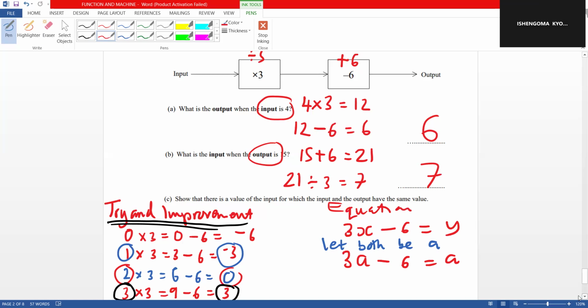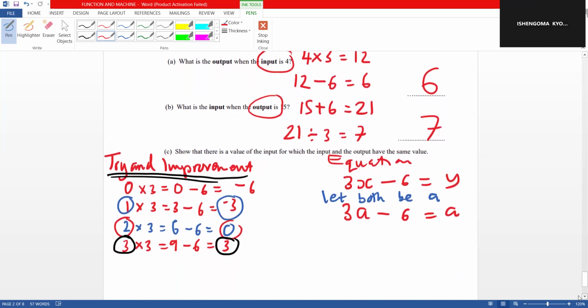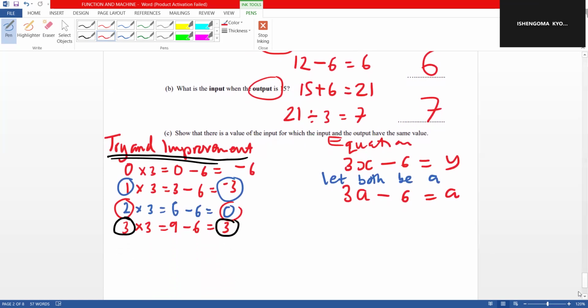So to find now the value here, I have to collect like terms, right? Since I have 3A this side, I have to bring the other A this side. Since it was a positive A, it will be minus A when it comes this side. And minus 6, I have to take it to the other side. Since it was minus 6, when I take it over the equal sign, it will become plus 6.